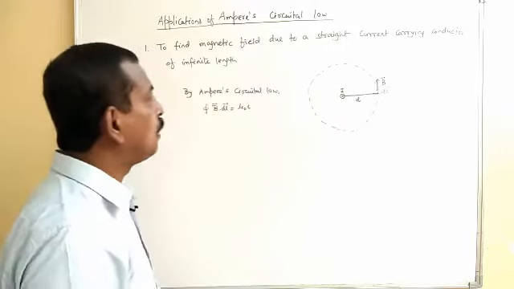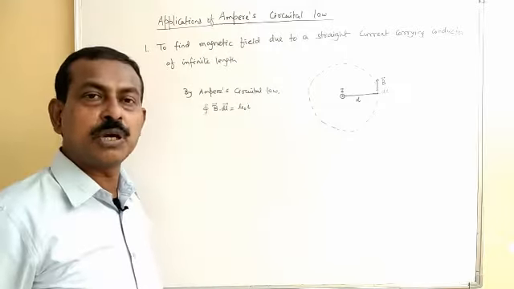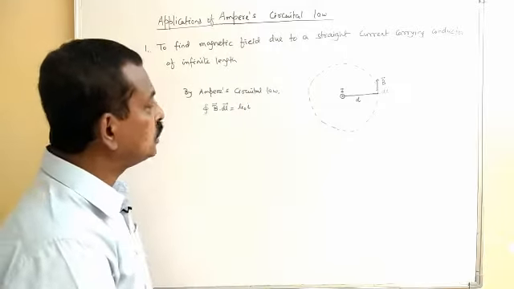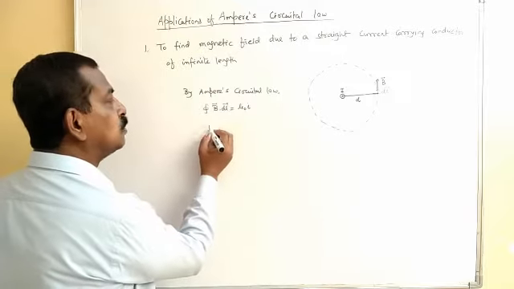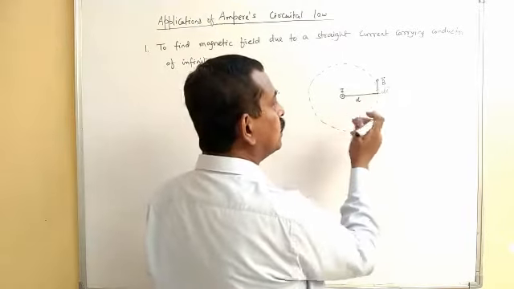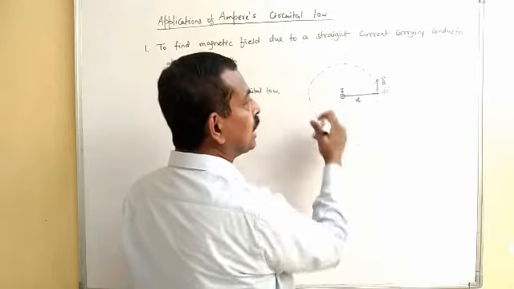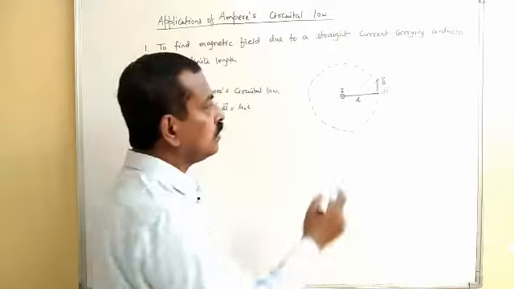So now if you apply Ampere Circuital law, B dot dl is your mu naught I. So this we can take as B dl. Now you see, if the wire is carrying current out of the plane, then the magnetic field is circular.